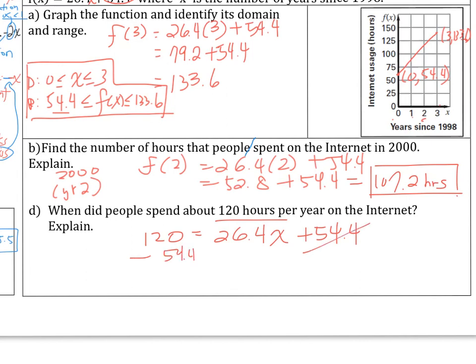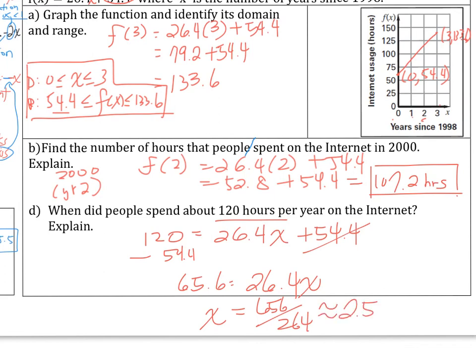This goes out. So 65.6 equals 26.4x. And x would equal about 65.6 divided by 26.4, and that's about 2.5 years.